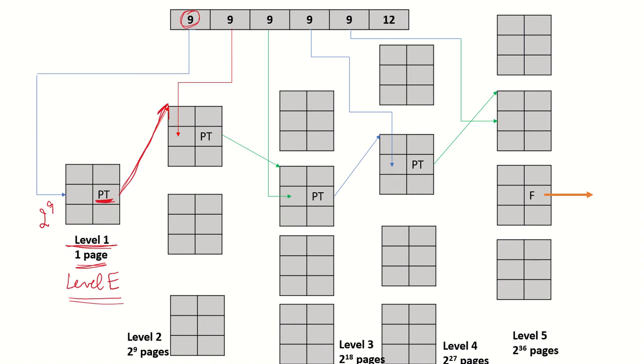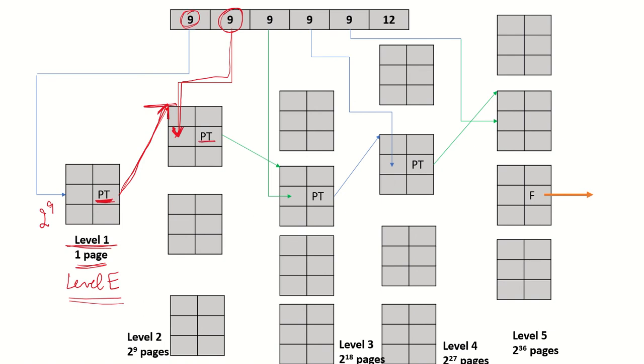From here, suppose this is the address where we want to go. Then within this particular page, the next set of 9 bits will help us index into that particular page of the page table.